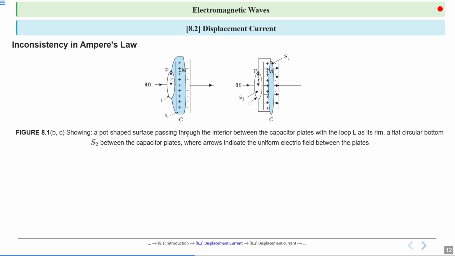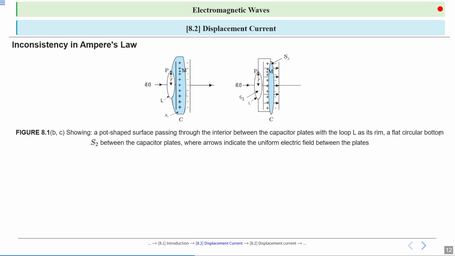Got it? Now B and C show a pot shaped surface passing through the interior between the capacitor plates with loop L as its rim. So this is the rim of the pot, or we can say the opening of the pot. This is like a tiffin box. Both these diagrams are representing the same thing.